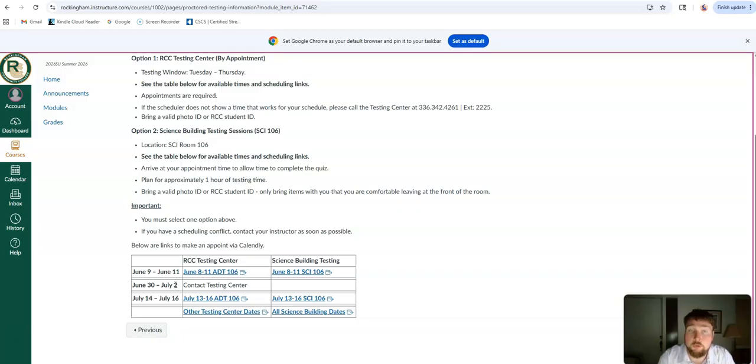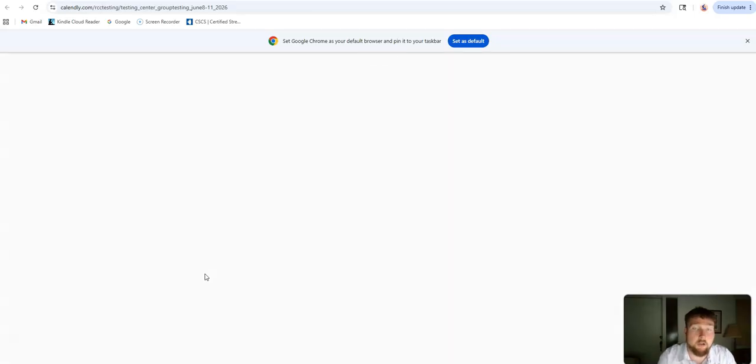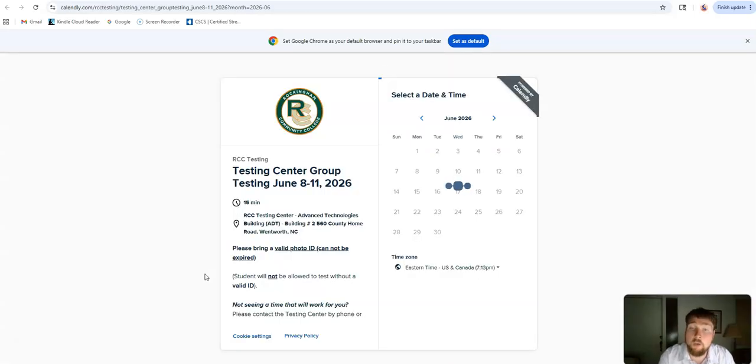And then the Unit 3 test will occur between July 14th through the 16th. Now, I see where it says June 8th, July 13th, but that's when it's available for all the classes. We have it set up for June 9th through the 11th. So hopefully you're able to take it during those days.